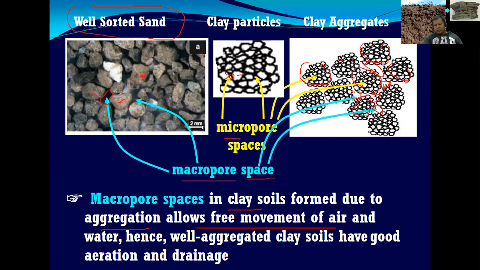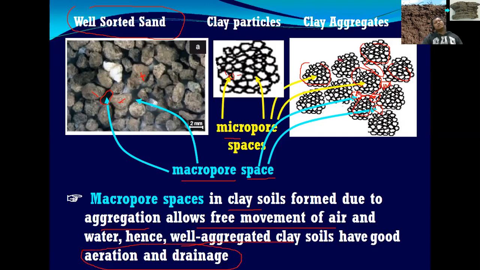Again, these are macropore spaces in clay aggregates. These are the macropores, these spaces. In this portion, there's an exchange of water and air. Hence, well-aggregated clay soils have good aeration and drainage.